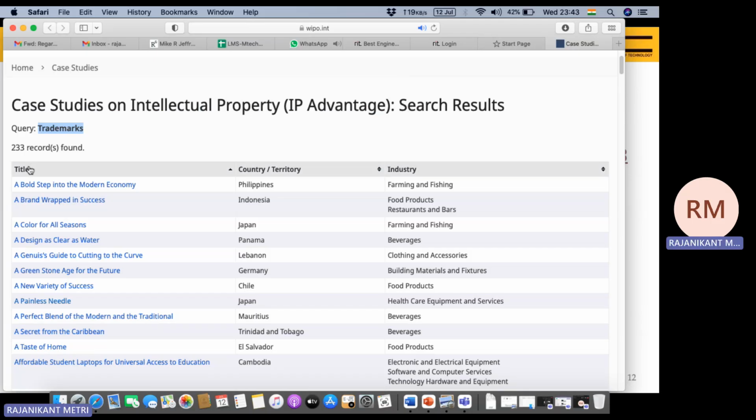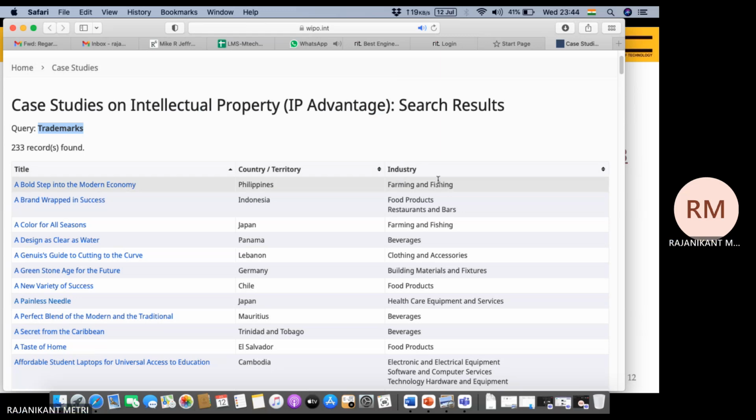Here you can observe the title, the country or territory, and the industry the case study or the IP is related to.